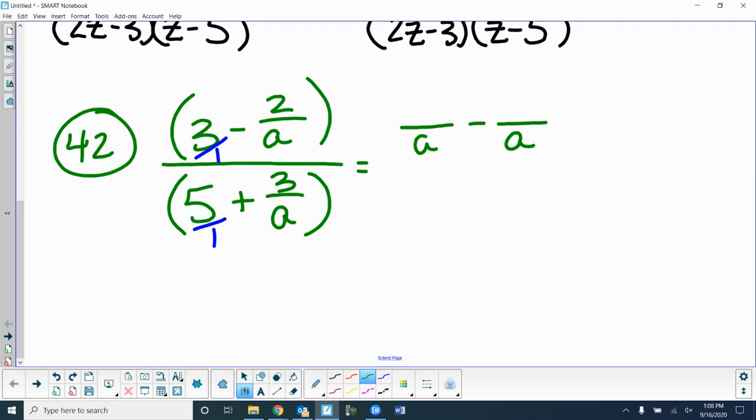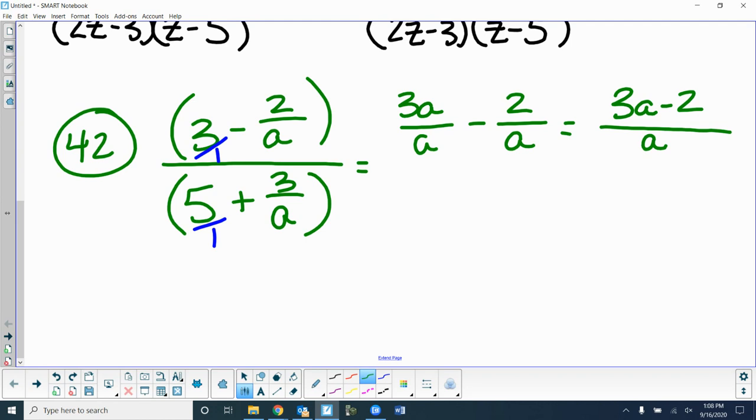So it was a 1, I multiplied by a, so I got to multiply the 3 by a. And it was a, and it's still a, so nothing changes there. So this fraction is 3a minus 2 over a. There's no like terms there, so you just have to write it down.